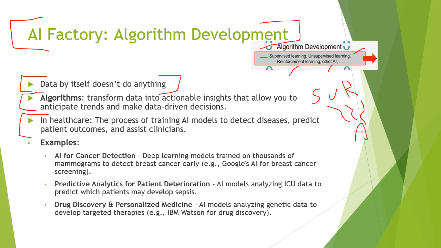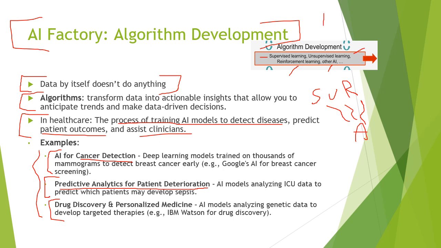So an example here, the process of training AI models to detect diseases, predict patient outcomes, assist a clinician, whatever kind of task you're actually doing happens in this component. So for example, AI for cancer detection, for patient deterioration, and then drug discovery. So it depends on the actual different tasks and what type of AI you'll actually use.